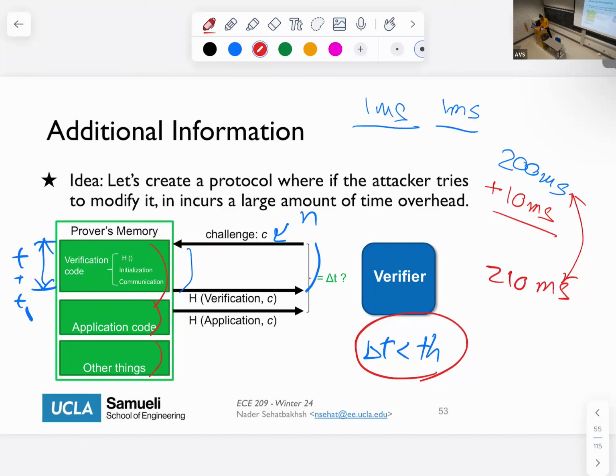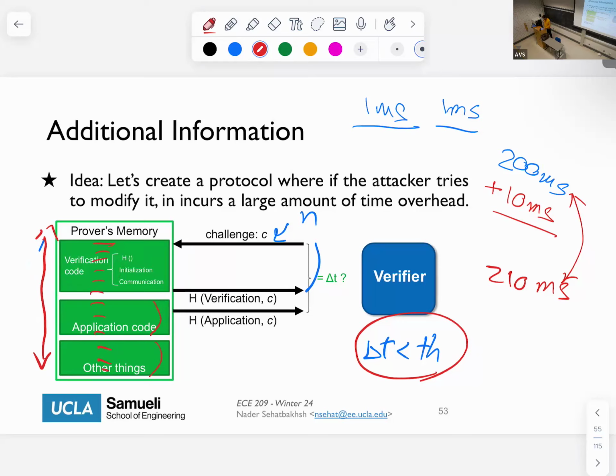So we want to check whether the content of the memory here has been compromised or not, right? So we want to see whether the hash of this memory is the same as the expected hash. So option number one is that I go through every line of memory and compute the hash, okay? This is a fairly time-consuming process.